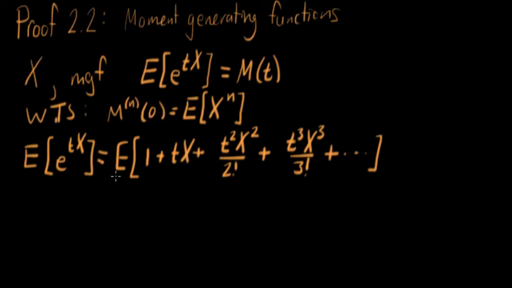And now we remember that our expectation operator is in fact a linear operator, so we use linearity to say, well, the expectation of 1 is just 1, right?